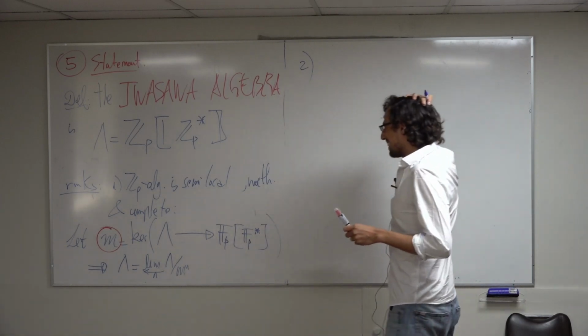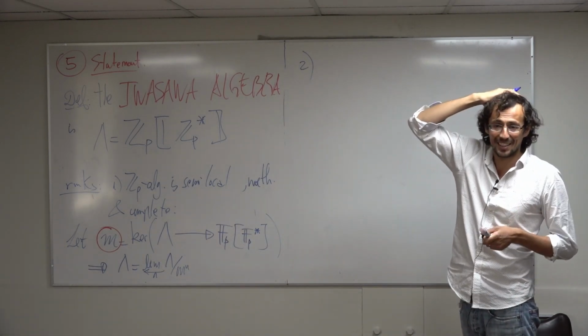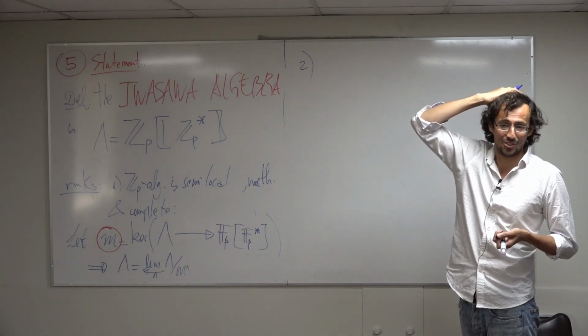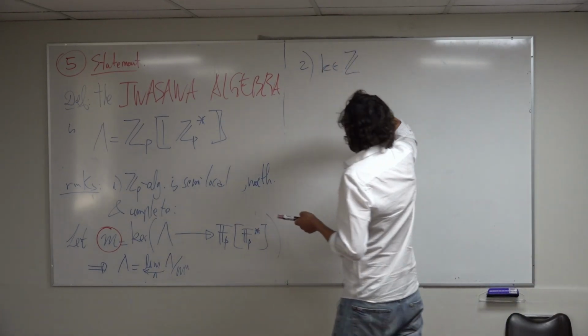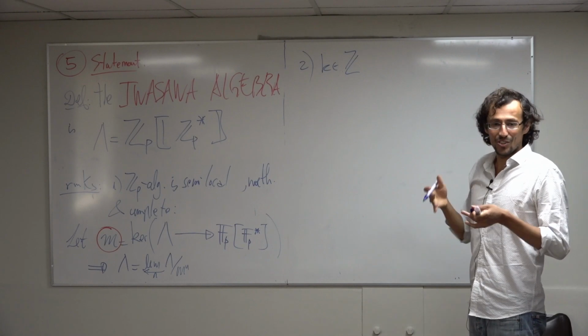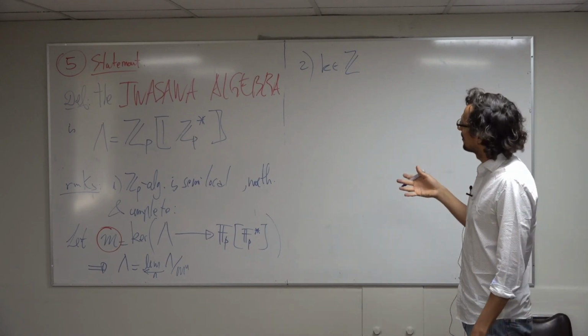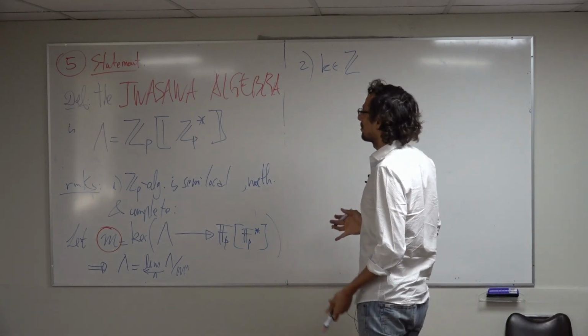The second point is the idea of this container of all the integers. Fix an integer k. How this integer sits inside this Iwasawa algebra is given by the following prime ideal.